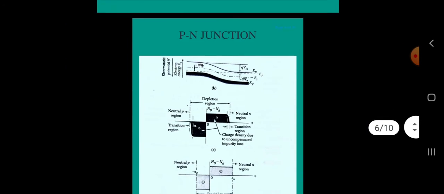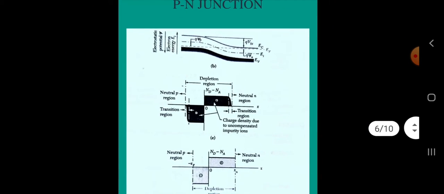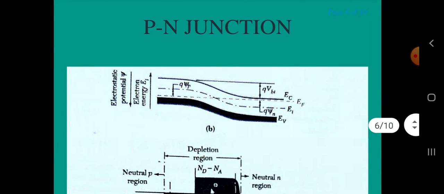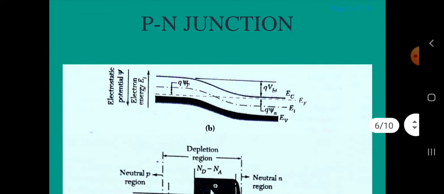So we get the pn junction diagram, shown over here. For the pn junction, the electrostatic potential is plotted on the y-axis and we have the dimensions of the crystal on the x-axis.